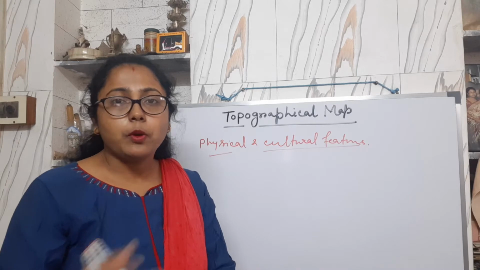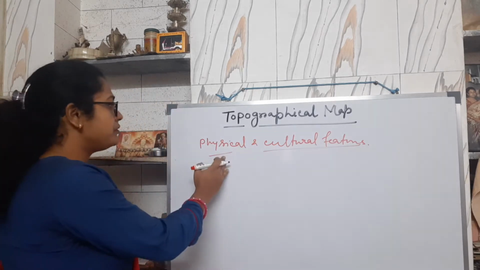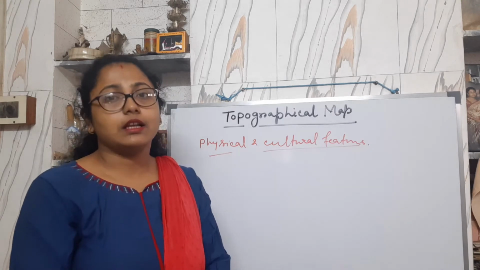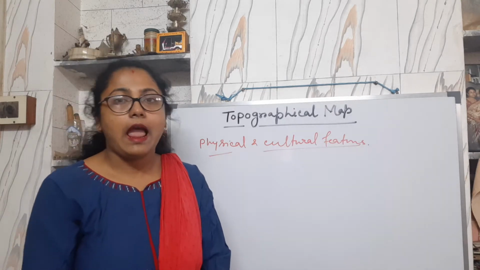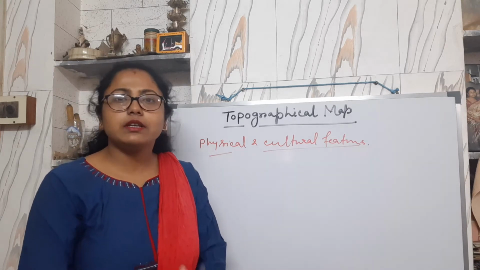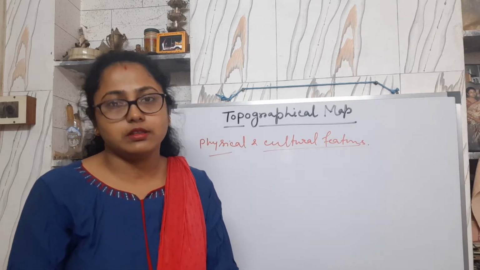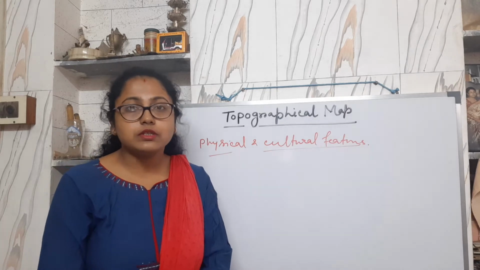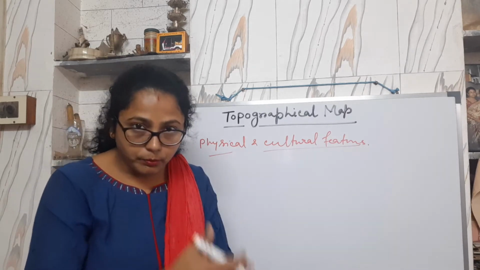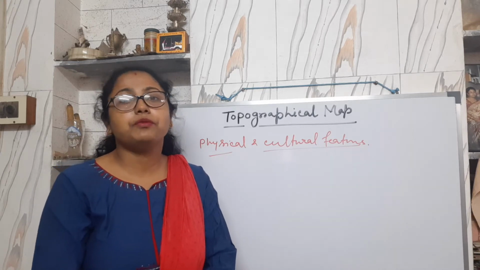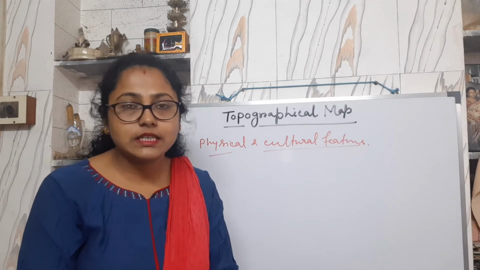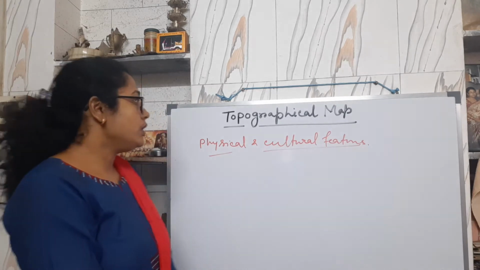Now, a topo map shows different physical and cultural features by using conventional signs and symbols and different colors. Now, what is the need of conventional symbols? A topo map uses conventional symbols for keeping the map free from cluttering and untidiness.